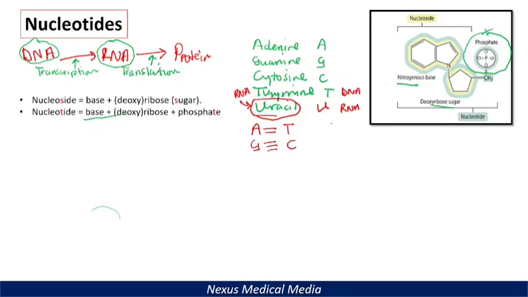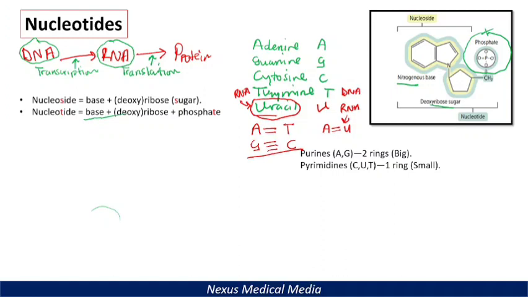If you are talking about RNA, A will be bonding with uracil, but this is the case of RNA only, and this is in DNA. If you look at these bonds, AT, this double bond, is weaker compared to G and C, guanine and cytosine, which makes the boiling point high to remove this bond.